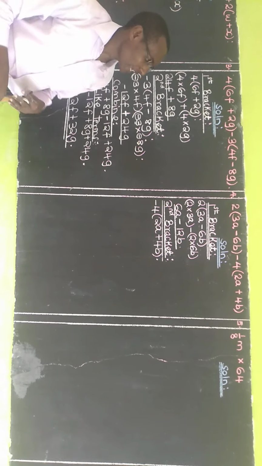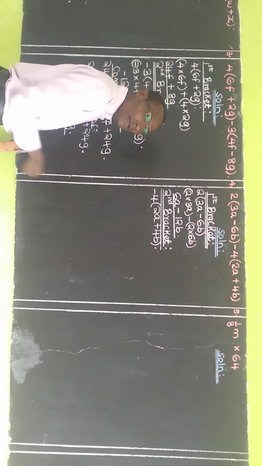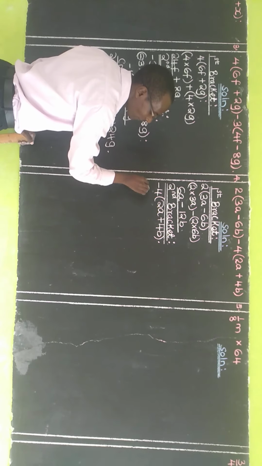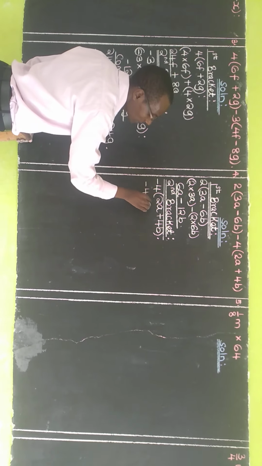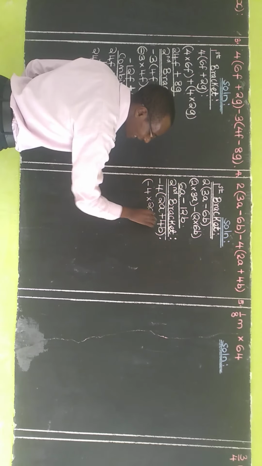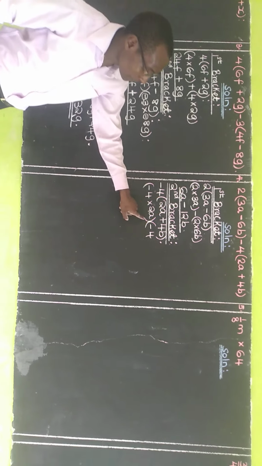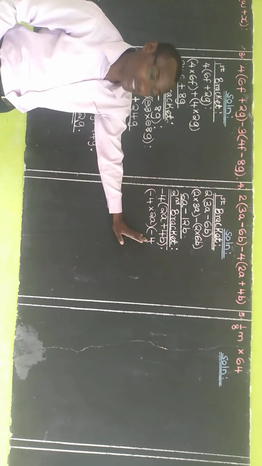As we said earlier on, the number outside the bracket multiplies everything inside the bracket. So we shall have negative 4 multiplied by 2a, then again negative 4 multiplied by positive 4b. That's why for the second bracket I'm introducing brackets.